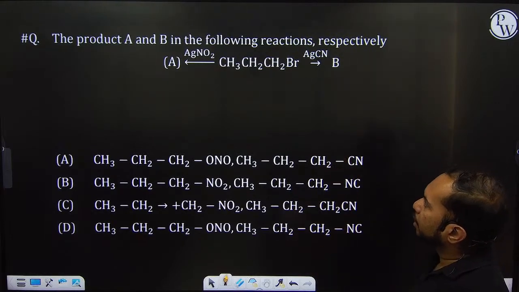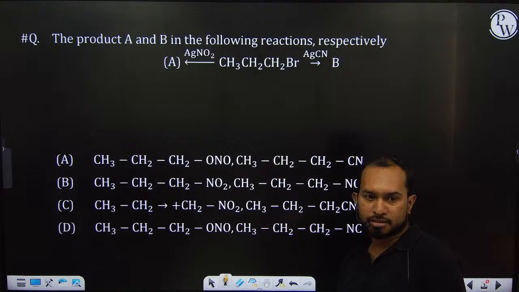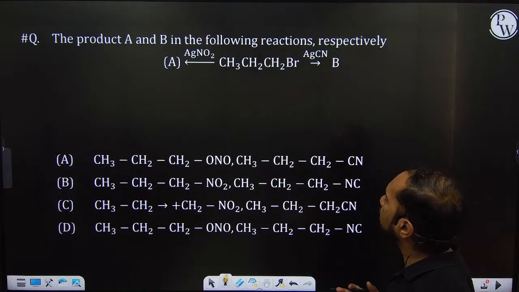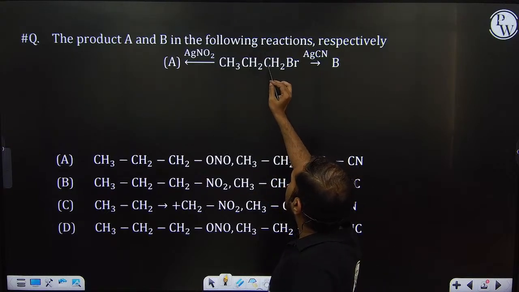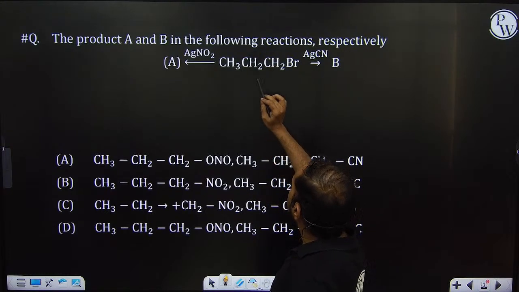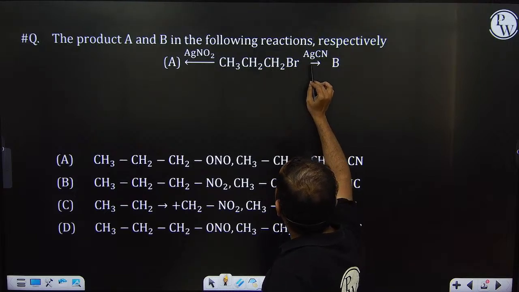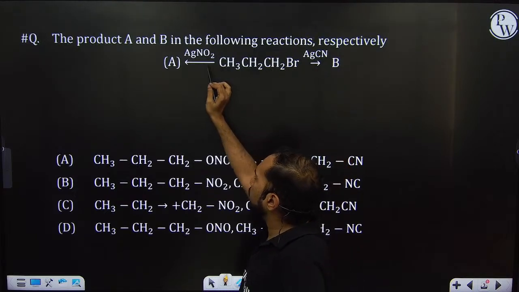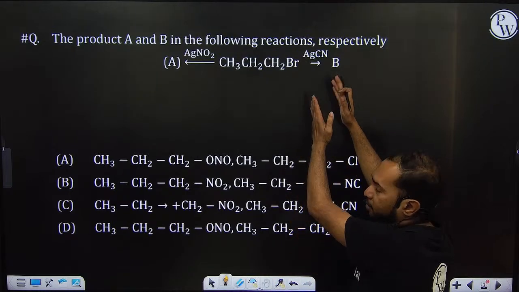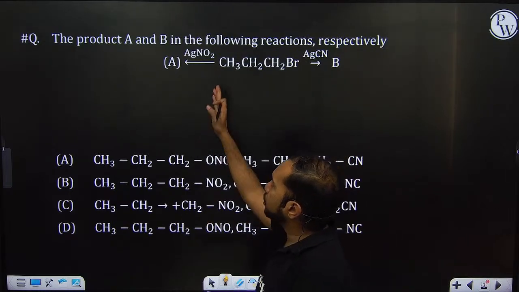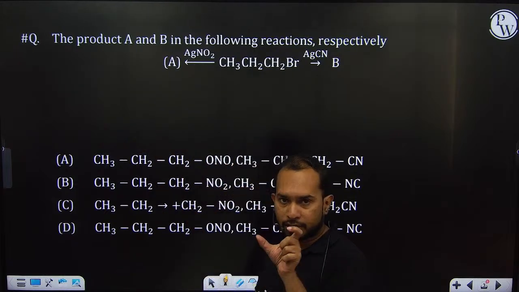Okay, now look at this first question. This is a very favorite question. Look at this. An alkyl halide is taken. We are going to talk about two reactions. Reaction of this RBr with AgCN, and reaction with AgNO2, reaction with KNO2. Please mind.